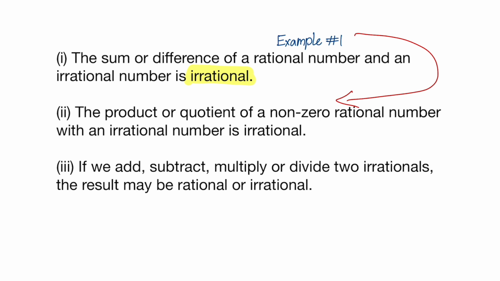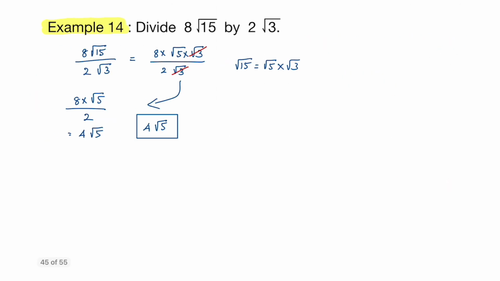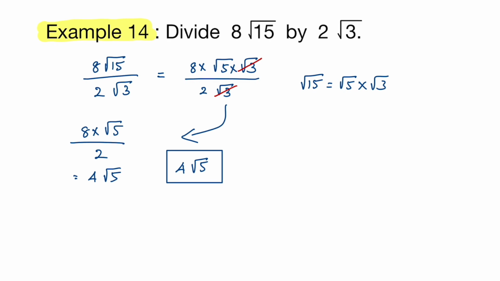Okay, now the third observation is, if we subtract, multiply or divide two irrational numbers, then the result might be rational or irrational. So this is what you have to keep in mind. It can be rational or irrational. So in this example, we have been given two irrational numbers, 8 root 15 and 2 root 3.